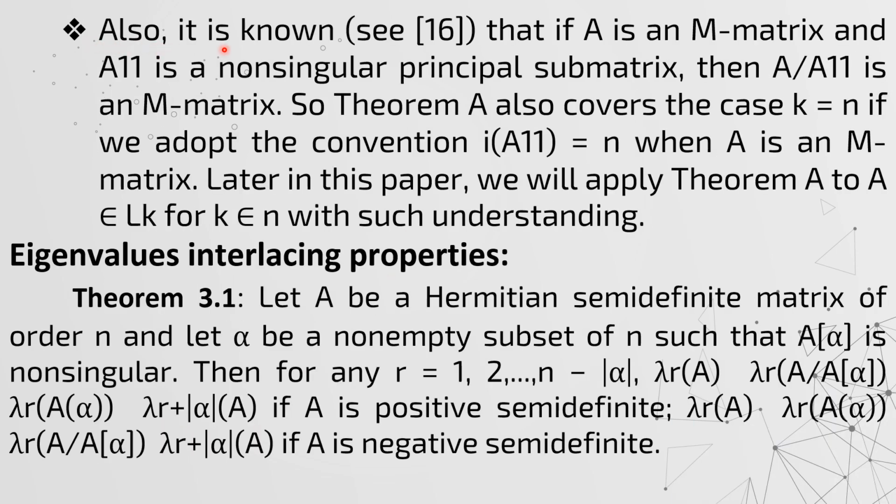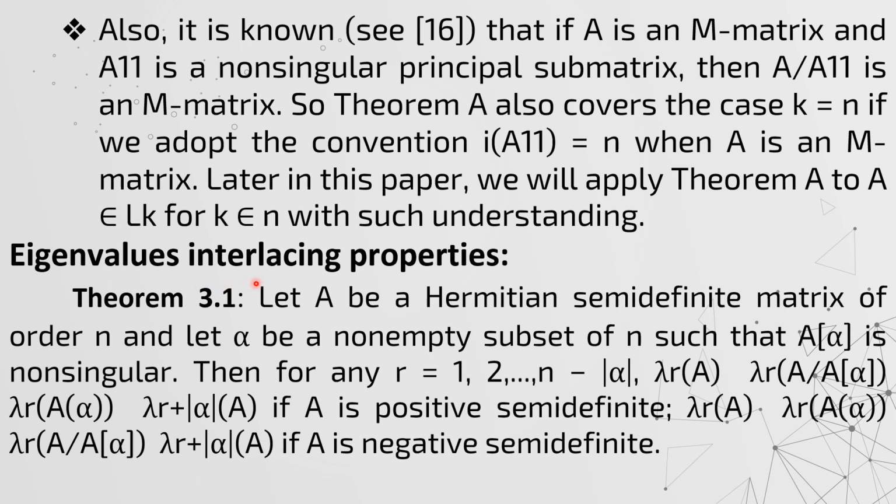Also, it is known that if A is an M-matrix and A11 is a non-singular principal submatrix, then A/A11 is an M-matrix. So Theorem A also covers the case k equals n if we adopt the convention that the index of A11 is n when A is an M-matrix. Later in this paper, we will apply Theorem A to A belonging to L_k for k belonging to n, with such understanding.